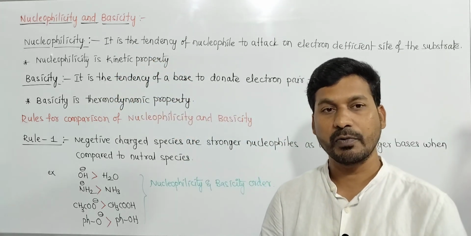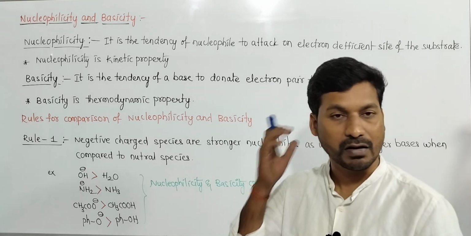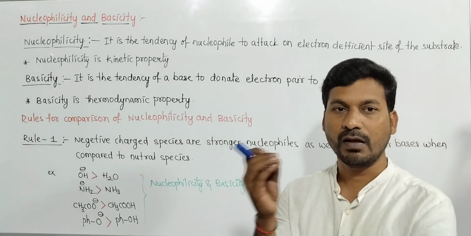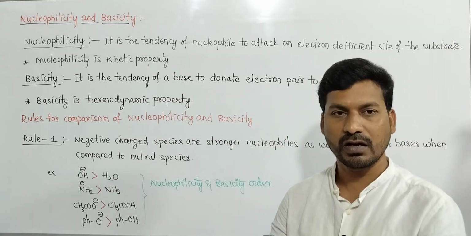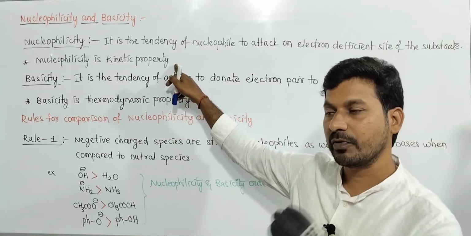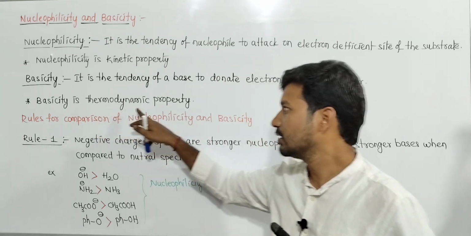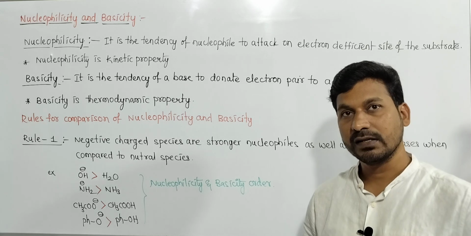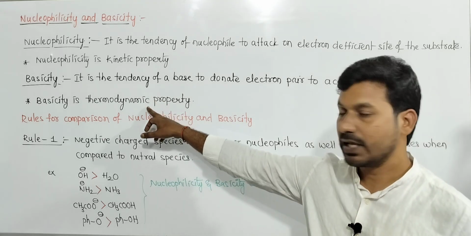Nucleophilicity is a kinetic term. It talks about in how much time the nucleophile attacks the substrate. Some nucleophiles take less time, whereas some take very high time. Kinetic means it talks about time and speed. Basicity is a thermodynamic property. It talks about the amount of energy released when a base reacts with an acid.